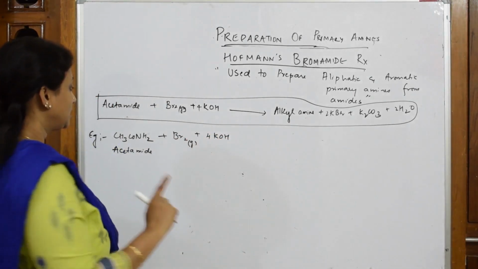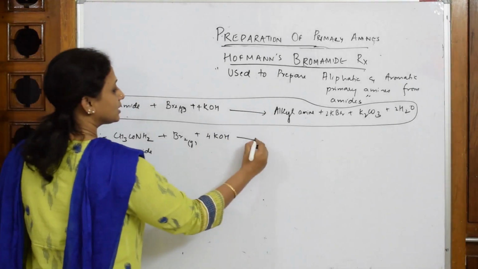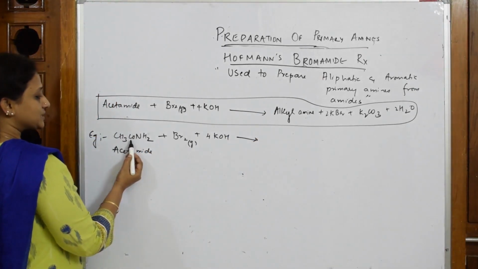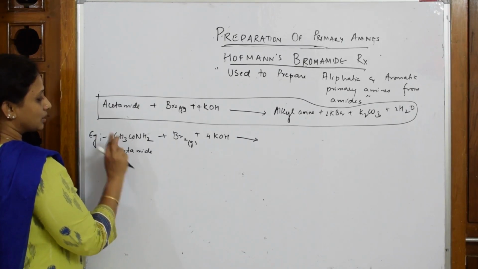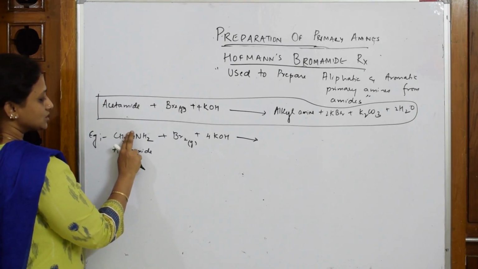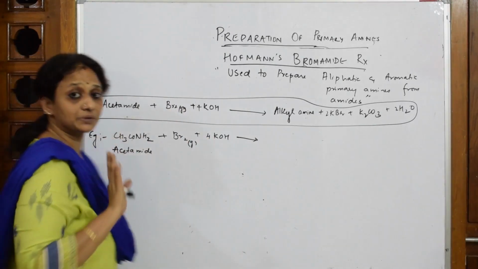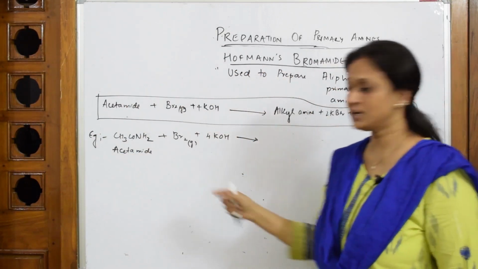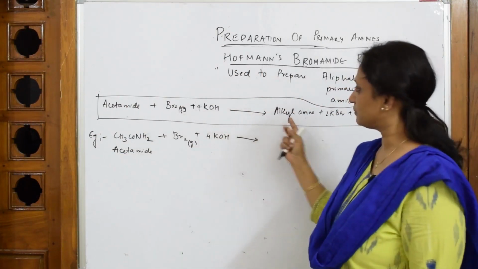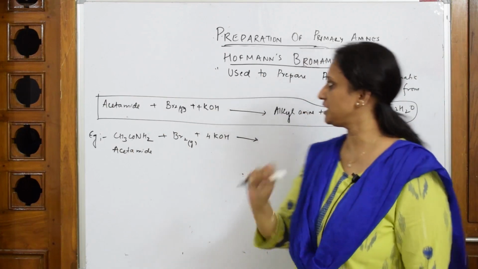How many did I take? 4 moles. Now observe. First important thing, this particular CO is there, isn't it? Now observe carefully. This whole CO will come out with this potassium as carbonate. Remember, why? In acetamide or Hoffman's bromide, you get an alkyl amine with 1 carbon less. That is the main concept.